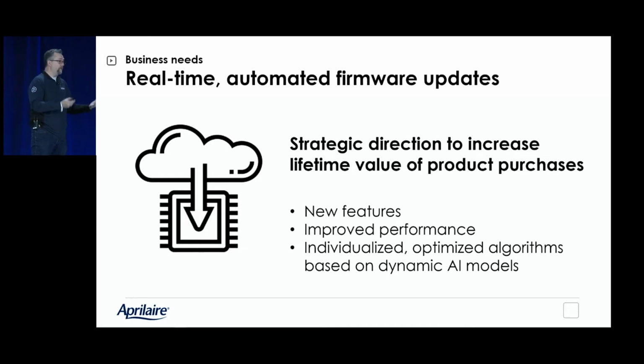And so that requires that we add new features over time, and that's where firmware updates come in. So whether we're talking about improving performance, perhaps even individualizing certain algorithms based on what we could sense about your environment, these are all things that happen after you push updates to the device, not just something that you get out of the box.